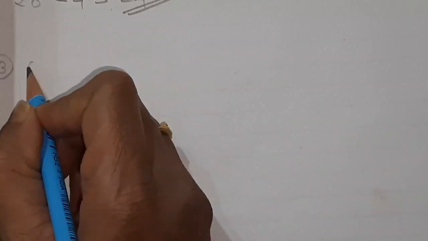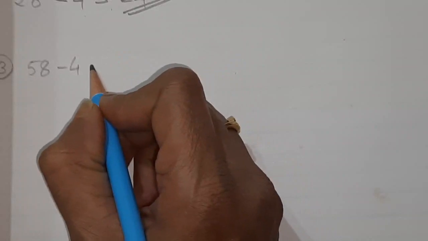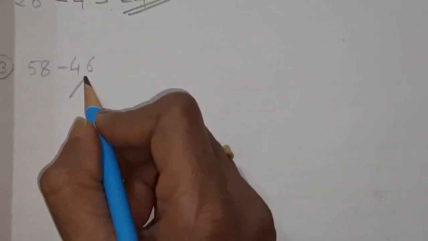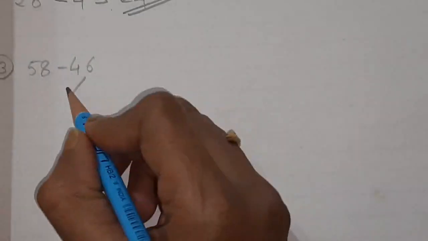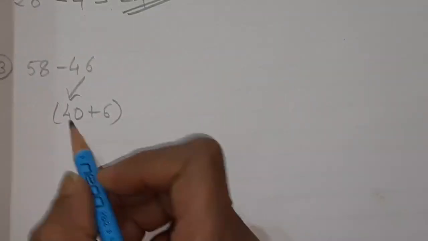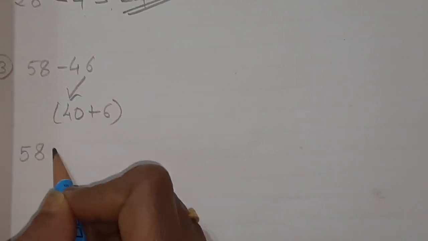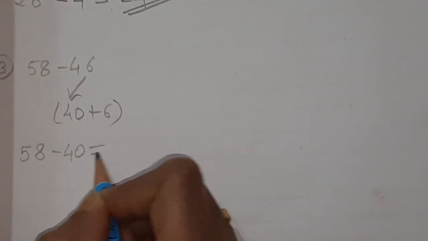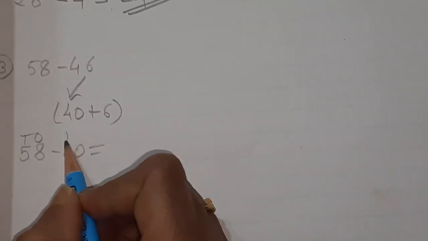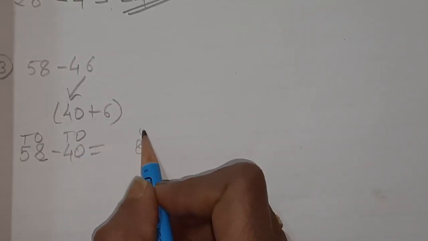Let's see next one. Third one. 58 minus 46. Split this number. 40 plus 6. Now cut 40 from 58. 58 minus 40. What answer will get? 8 and 0 will get 8 as an answer.